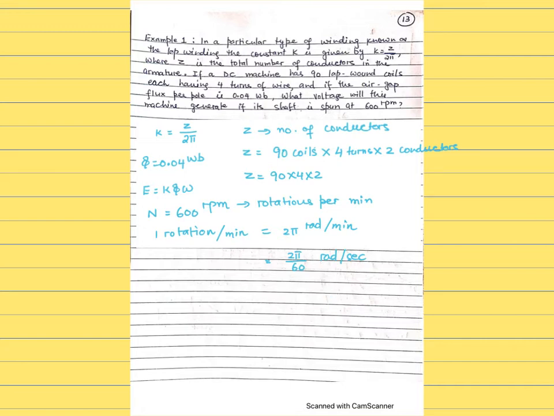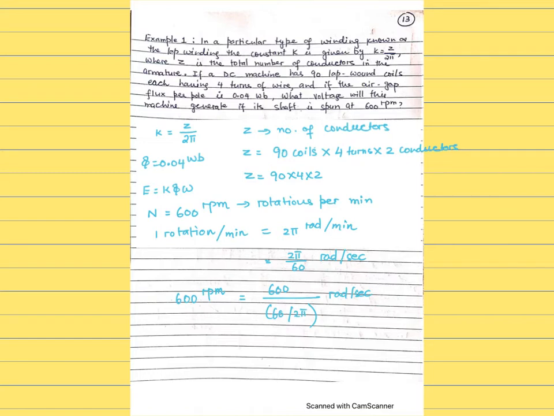Now, to convert 600 RPM to radians per second, it's going to be 600 divided by 60 times 2 pi, in radians per second.